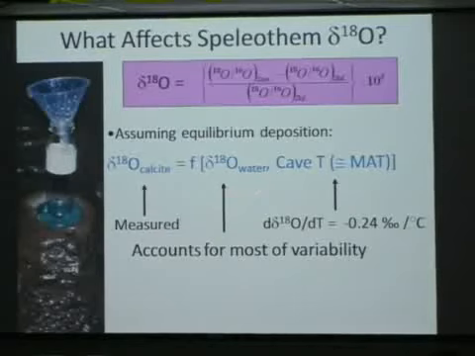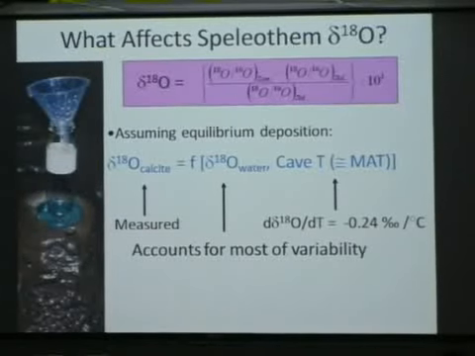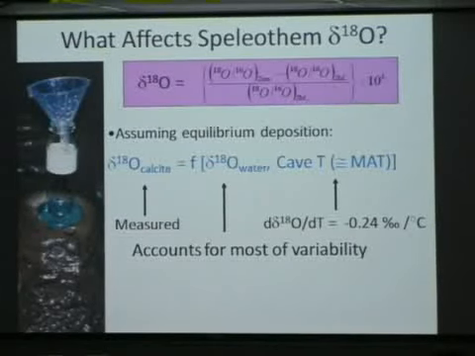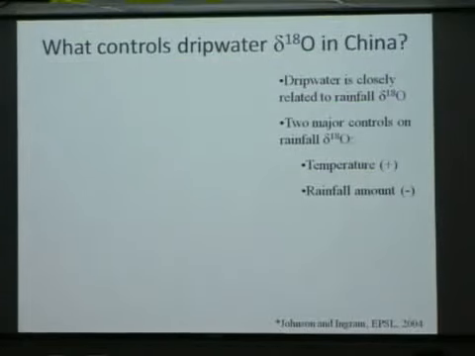So in a sense, speleothems can be thought of as being fossilized water in the same way that an ice core is directly frozen water. The delta 18 of a speleothem is largely controlled by the delta 18 of the water. So then the question becomes, of course, what actually controls the delta 18 of the water in terms of climate?